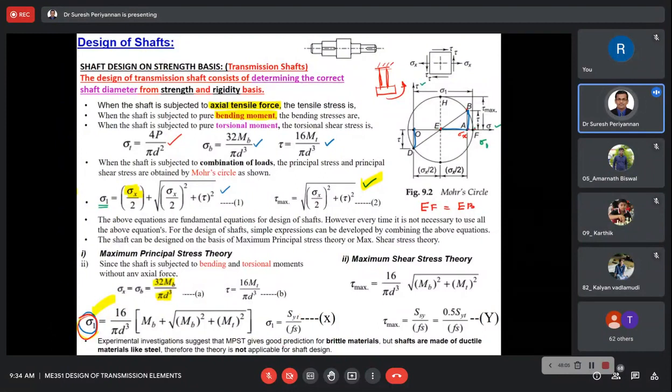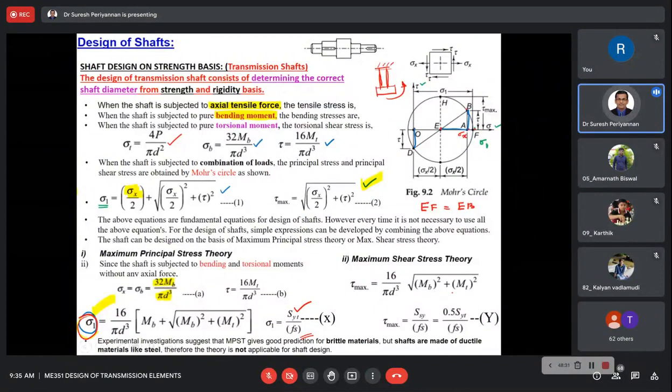Sigma 1 is nothing but the permissible value, SYT divided by FOS, yield strength divided by factor of safety. We already discussed this in the earlier subjects. Hence, here I am introducing sigma 1 is equal to SYT divided by FOS for safe design, the factor of safety for safe design of the shaft diameter.